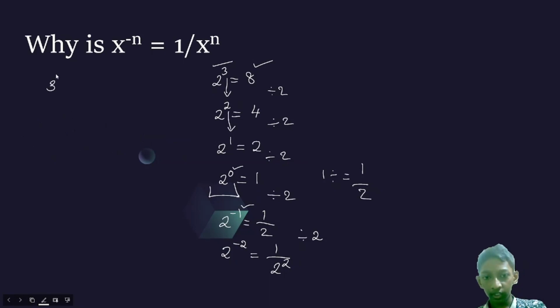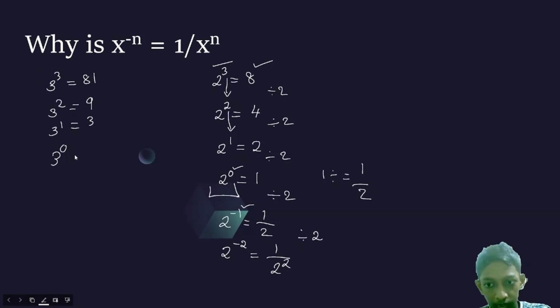Now this time let's take the base as 3. 3 raised to the power of 3, 3 raised to the power of 2, 3 raised to the power of 1, 3 raised to the power of 0. So 3 raised to the power of 3 is 27, 3 raised to the power of 2 is 9, 3 raised to the power of 1 is 3, and 3 raised to the power of 0 is equal to 1.